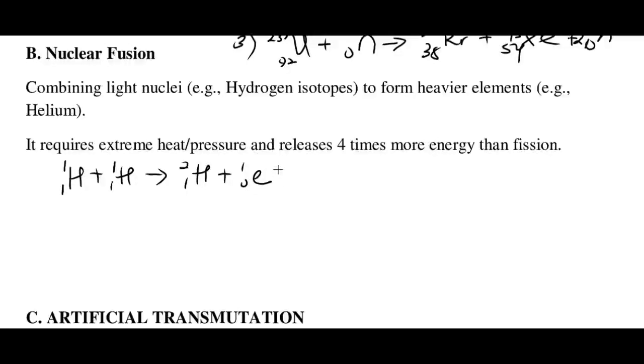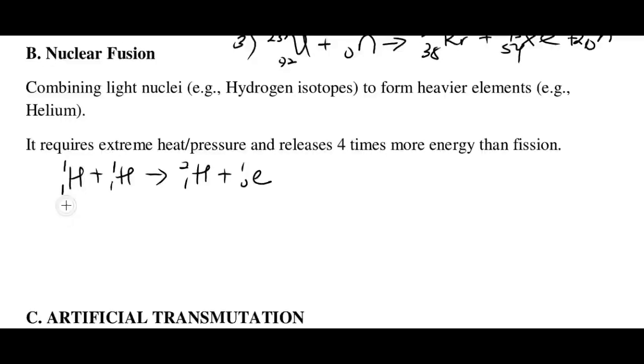Now this hydrogen with molar mass 2 is known as deuterium. This is hydrogen plus hydrogen giving us deuterium, all right? This is an example of fusion when 2 light nuclei come together to form a heavier one.